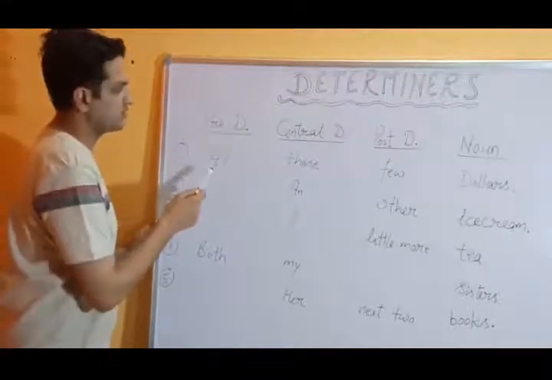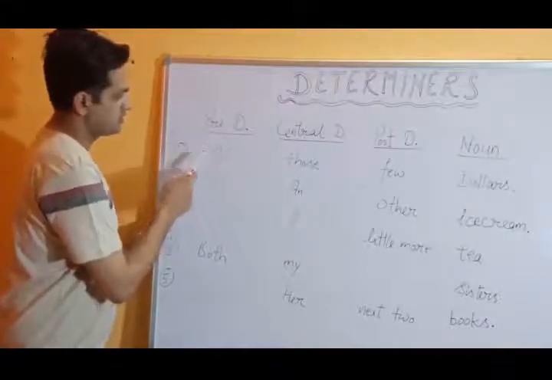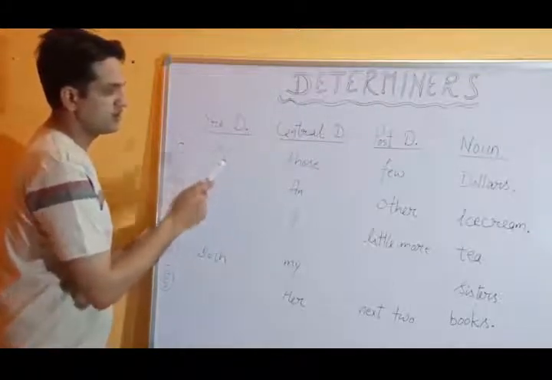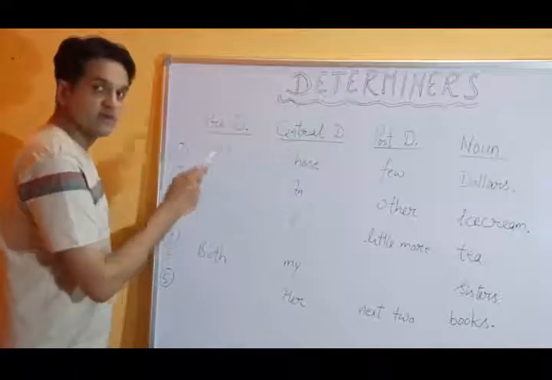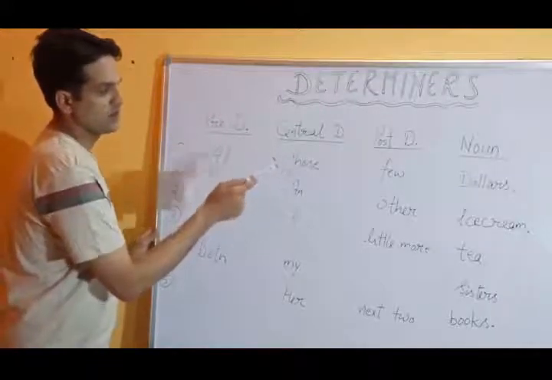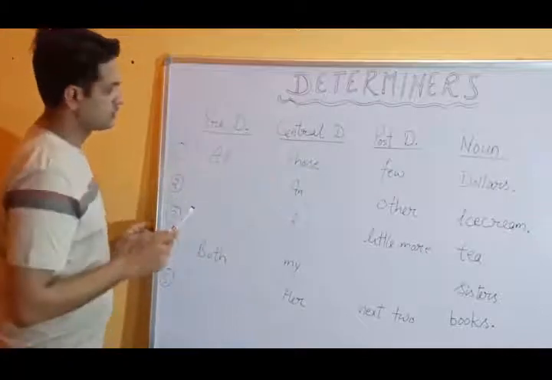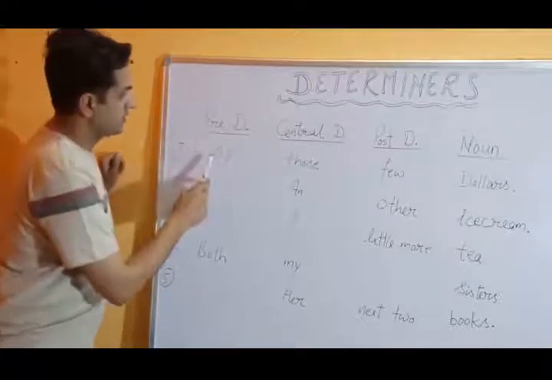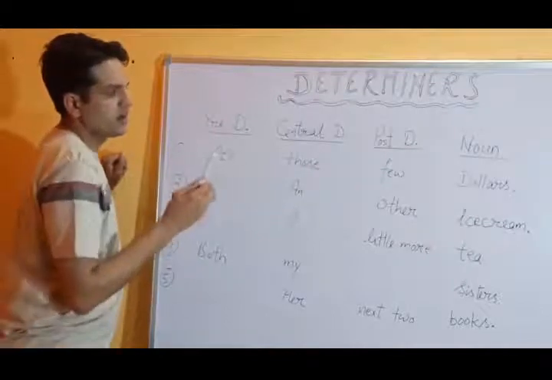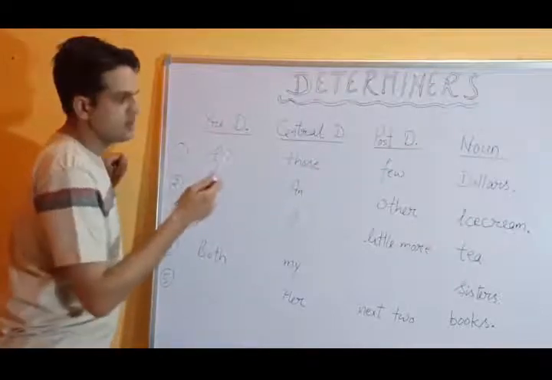Here in this sentence, all is a predeterminer. Those is a central determiner, that is demonstrative. Post determiner is few and then dollars. So we have seen that predeterminer, then central determiner and then post determiner. After that there is a noun.